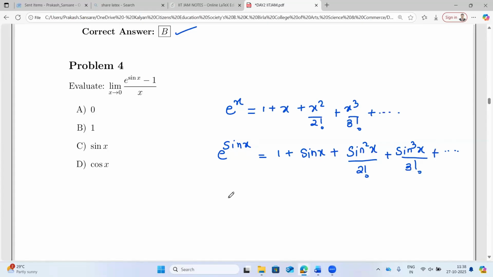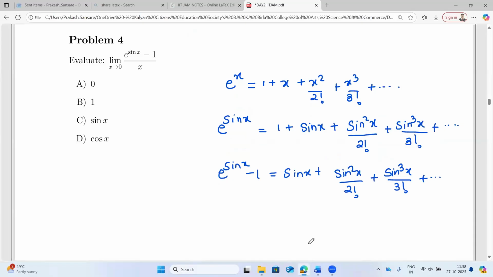Now I'll shift this 1 to this side. E power sin x minus 1 is basically sin x plus sin square x by 2 factorial plus sin cube x upon 3 factorial plus dot dot dot. And now what do I have to do after this?